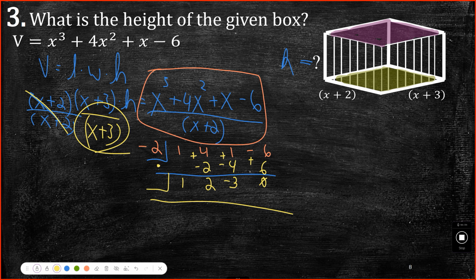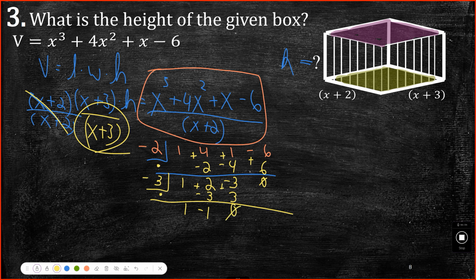Bring the 1 to the bottom. Multiply: -3 times 1 is -3. 2 plus -3 is -1. Negative times the negative is +3, which gives 0, which is what we need.